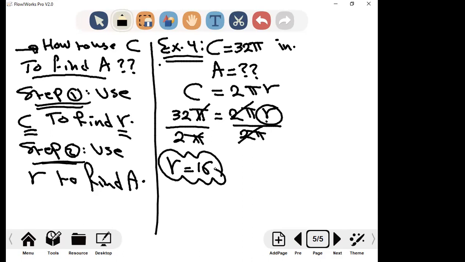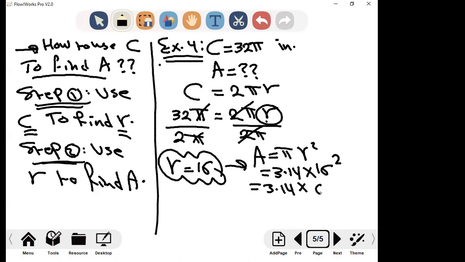Step 2 now, use r to find the area. Area equals pi r power 2. There's no such thing as r2, it is r power 2, r exponent 2. So this is equal 3.14 multiply 16 multiply 16.